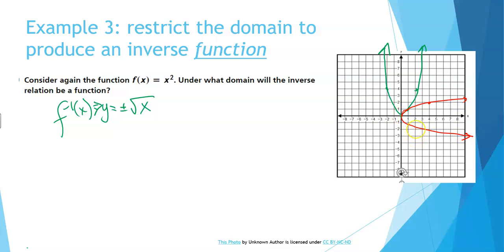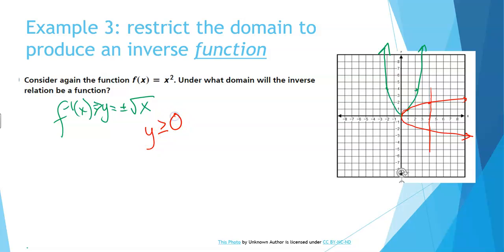But remember that this is not a function as it's written because of this problem right here, right? But if I restrict the domain or the range, maybe I have to restrict the range too. If I make some kind of restriction, so this is a function, but if I want to restrict this one right here, y would have to be positive, right?